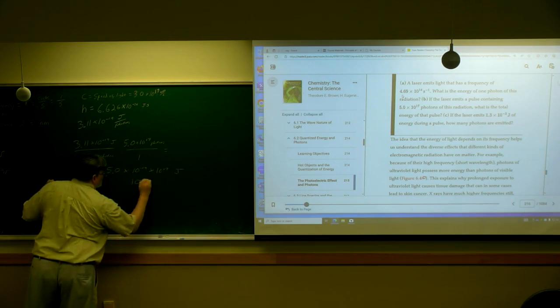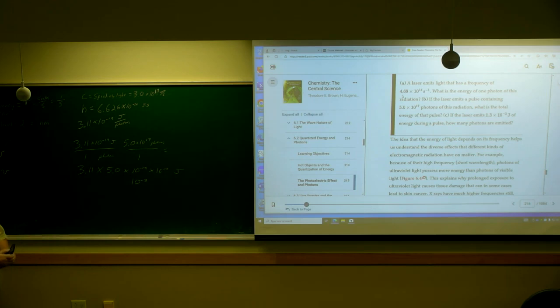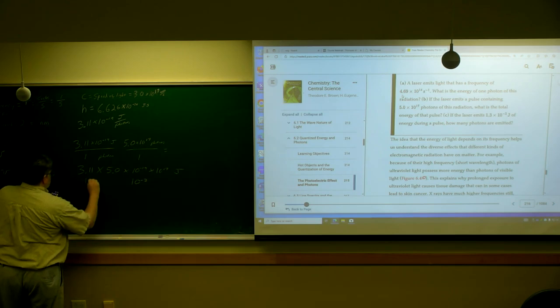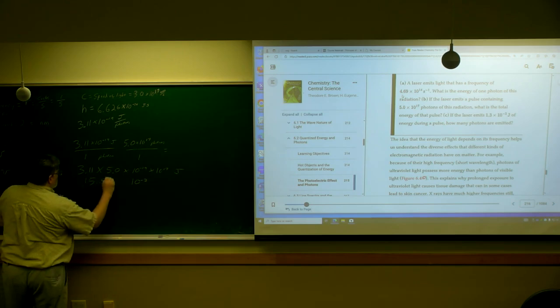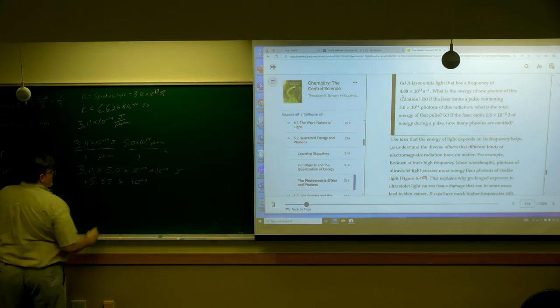This will be 10 to the negative 19 plus 17, and then of course, our calculator says, but we really are down to two significant figures because of that.